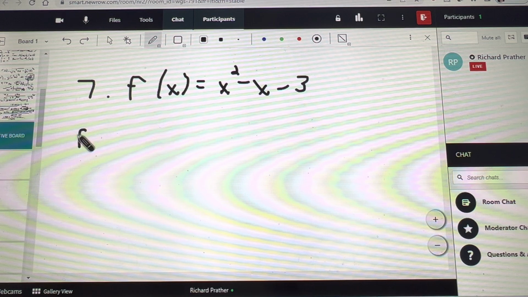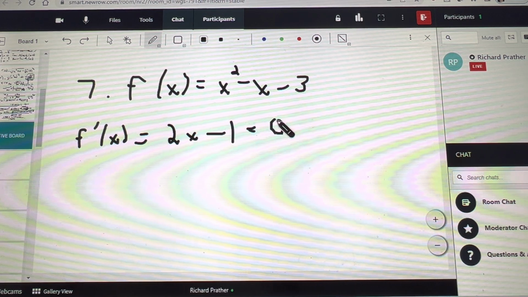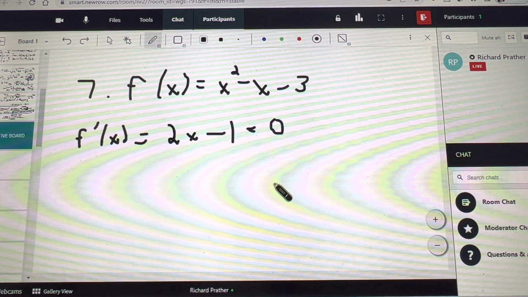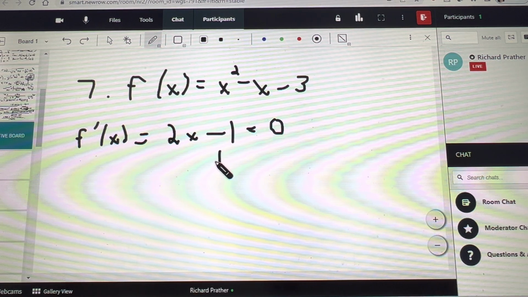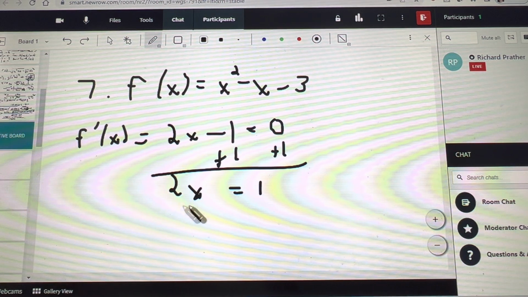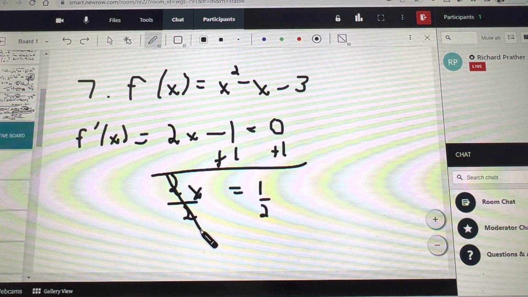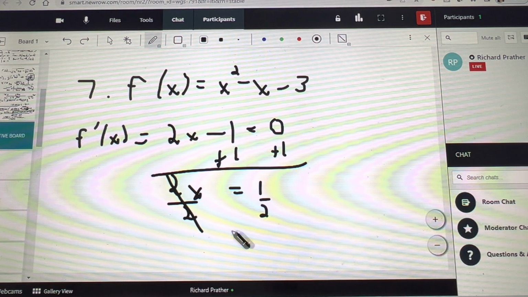First you find the derivative, 2x minus 1. Set that equal to 0 or check when it's undefined, but polynomials are never undefined. So this is going to have one critical number only. Divide by 2, 1/2 is my only critical number, my only chance to have a local max or local min. Only chance to change directions.